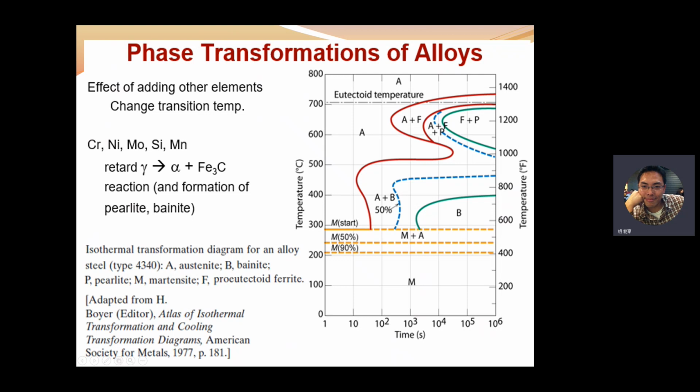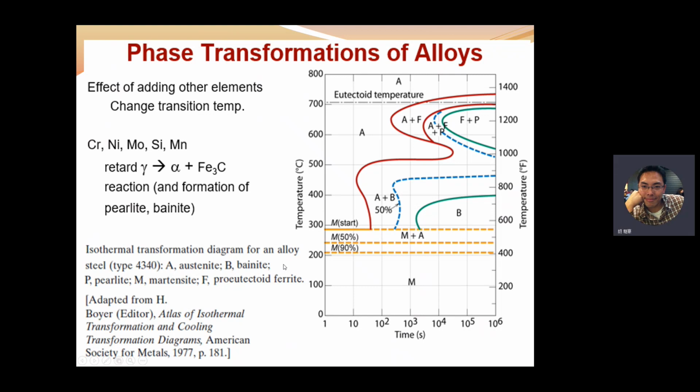If we add other elements such as chromium, nickel, molybdenum, silicon, and manganese, those alloying elements can retard this austenite transformation into alpha and cementite. So a transformation with alloying elements is able to retard this eutectoid reaction.